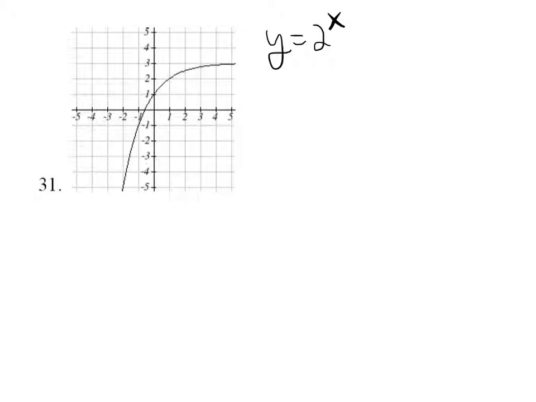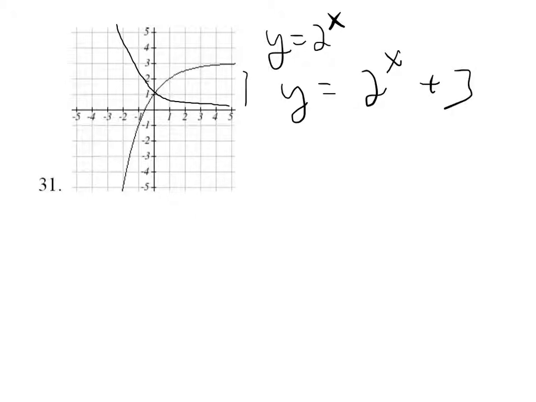So I'm seeing another transformed function. It looks to me like this is almost like an exponential decay function that's been reflected around the x-axis and then shifted up 3. So I'm thinking I've got this at this point.